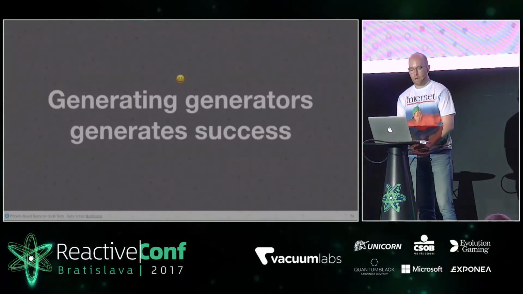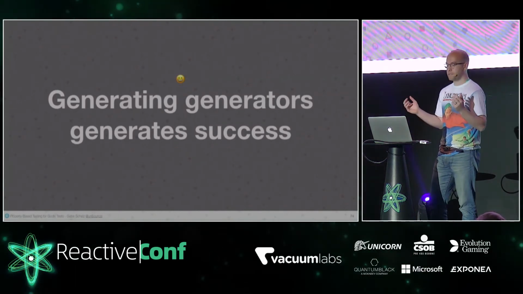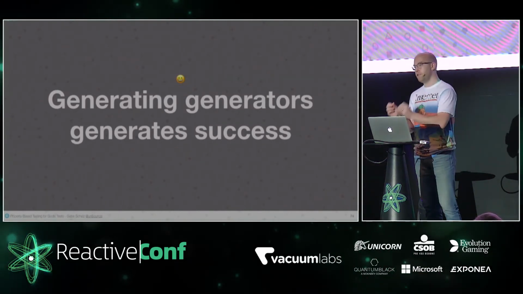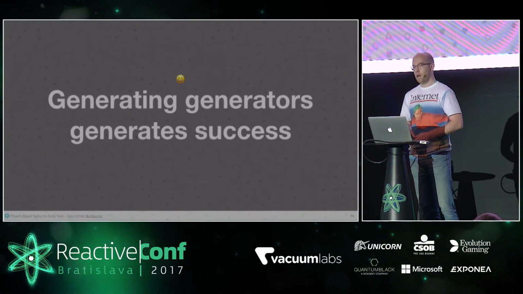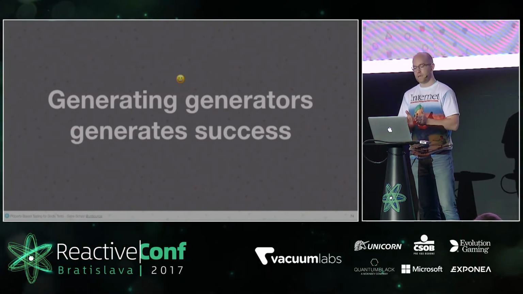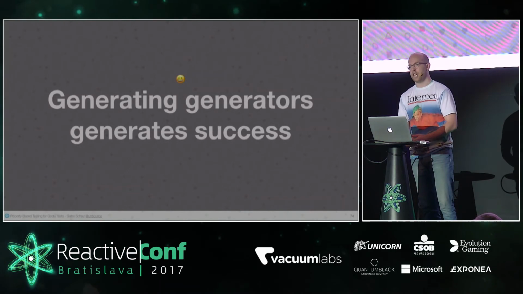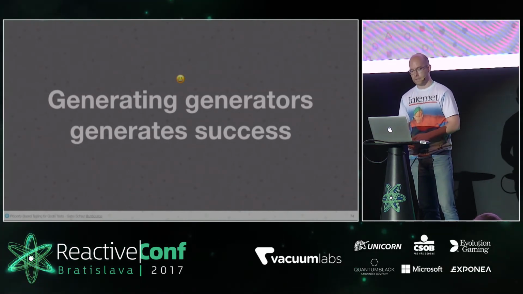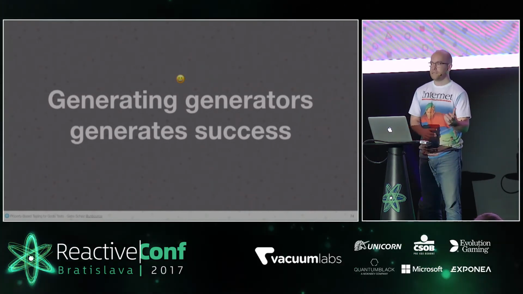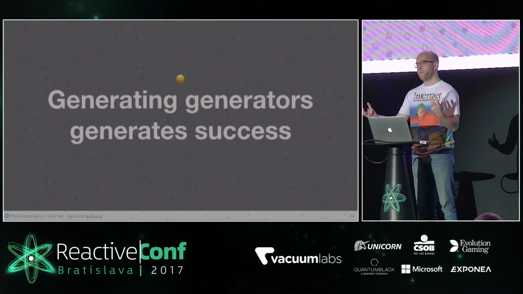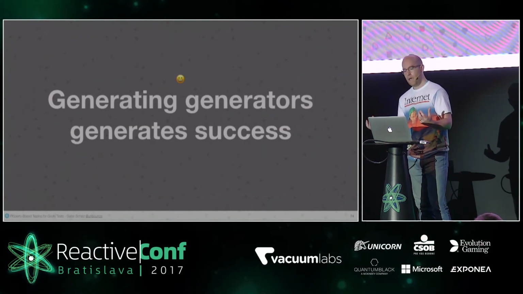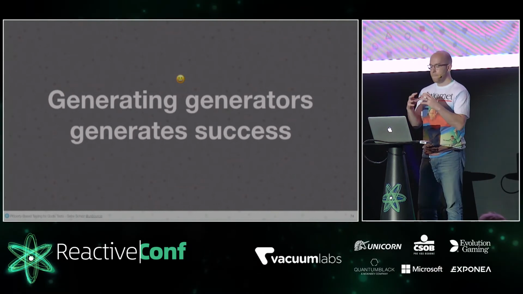So some outcomes here. Generating generators generates success. The only reason that we continue to use property-based testing right now on these projects is because of this ability to generate generators from our type definitions. Previously, tests and typing were two different validation processes, and this marries them together.